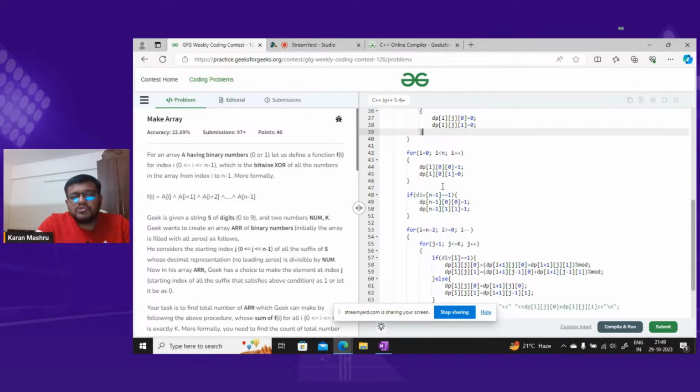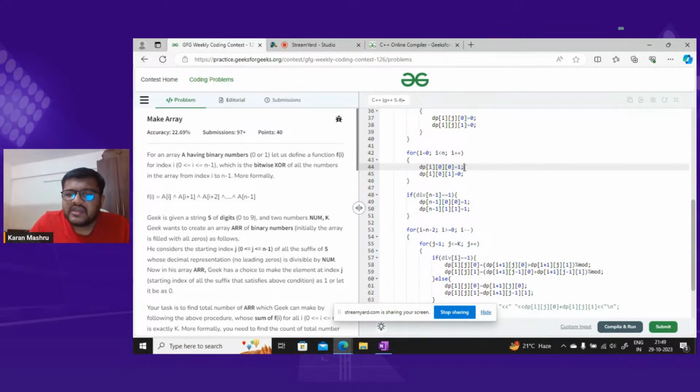Okay. So what I have said is, for I equals to 1 to n, considering all the suffixes, dp of I 0, what is the second index denoting in the dp table? That is denoting summation f value. So if I want summation f value to be 0, and if f of I is 0, this third value is denoting f of I value.